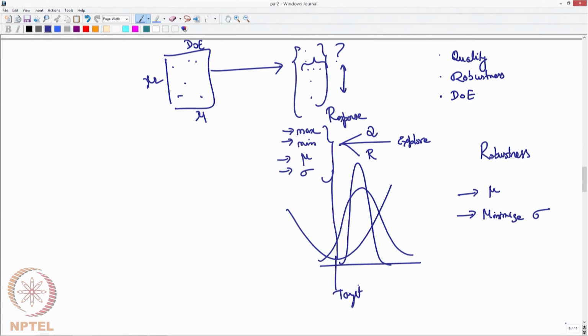There is a mean shift. So, you will have to push your model here. Unless your model is here, you are not gaining what you should gain. So, there is a mean shift that you need to worry about, and then you have to worry about your variation. There are two things. So, that is something that we will talk about.